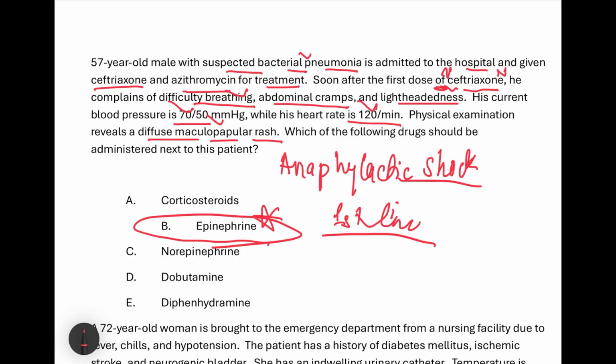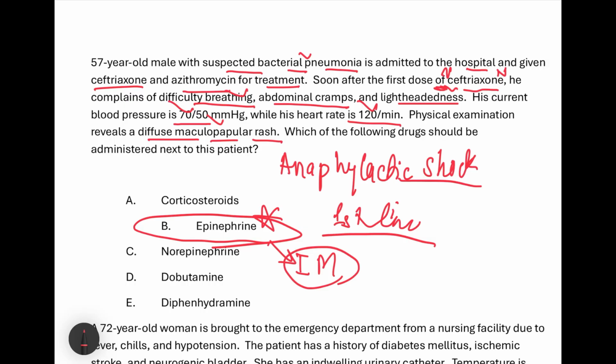What will be the route? It's also recommended in the question: that is IM, intramuscular. We are giving intramuscular epinephrine. Epinephrine is the drug of choice for the treatment of anaphylactic shock due to the ability to reverse all of the pathophysiological mechanisms of anaphylaxis.